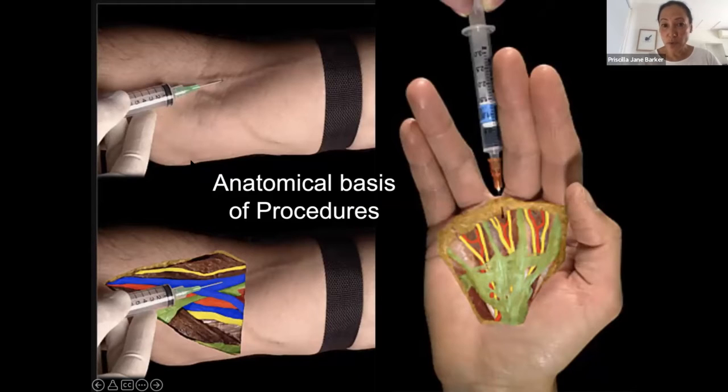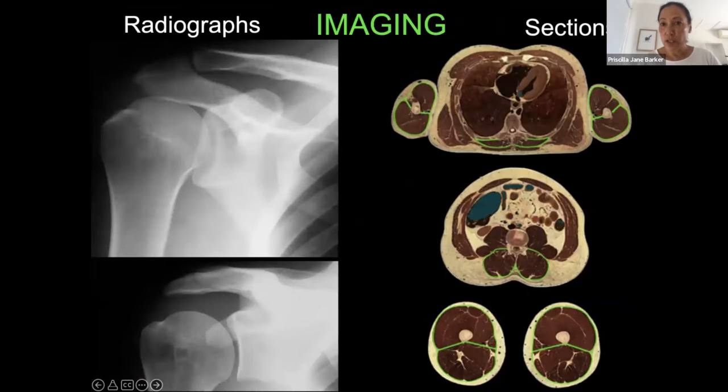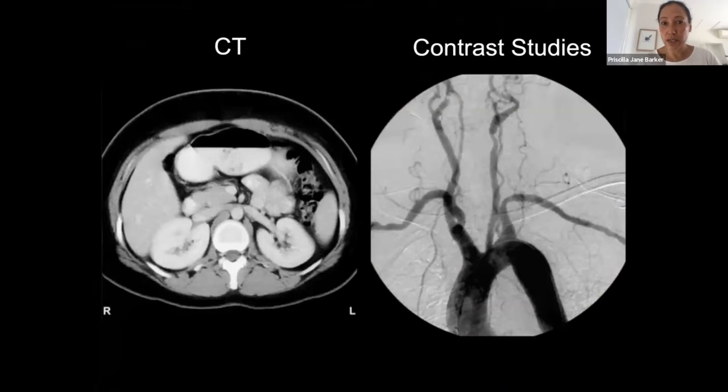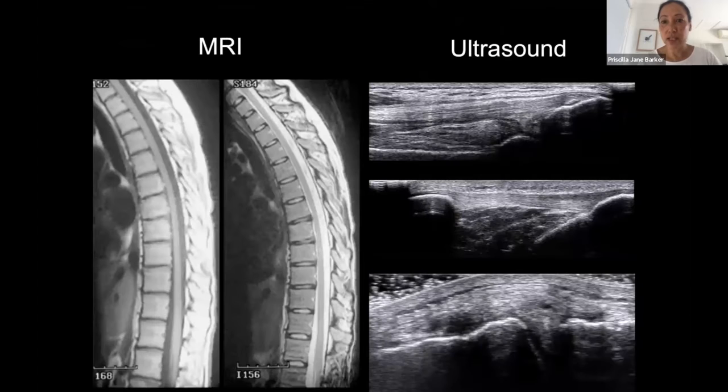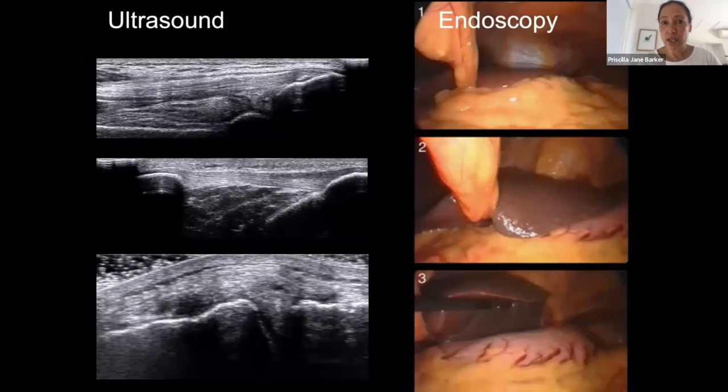We cover the anatomical basis of practical procedures. So in the upper limb, we look at how you can get intravascular access and do nerve blocks, for example. And in imaging, we cover all types of medical imaging, from X-ray and sectional anatomy to CAT scans and contrast studies of the blood vessels, MRI and ultrasound.